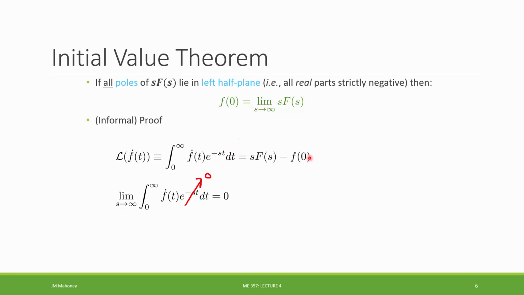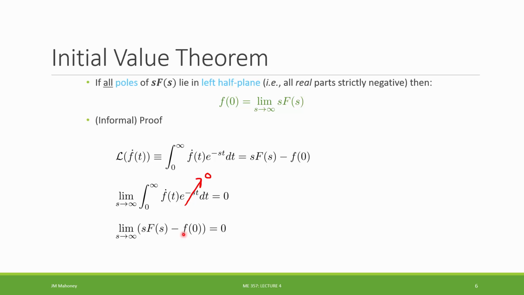Now I'm going to take this term on the right, this sF(s) minus f(0), and I will hit it with the limit as s goes to infinity as well. So I'm maintaining my equality. All right, so the first term, sF(s), well, there's nothing I can really simplify there because, again, I don't know which grows or shrinks faster, the s term or the F(s) term.